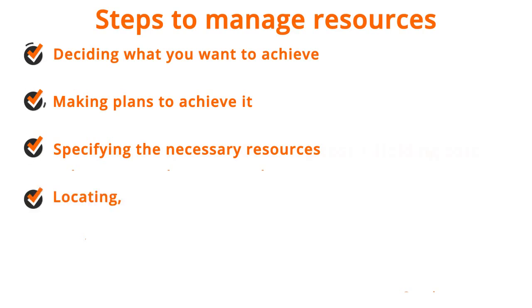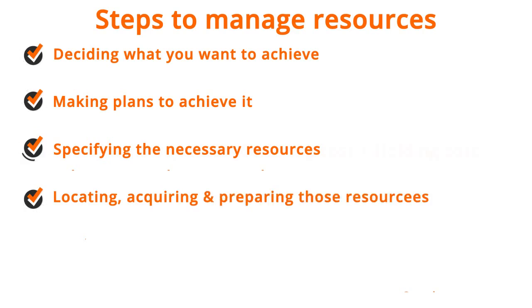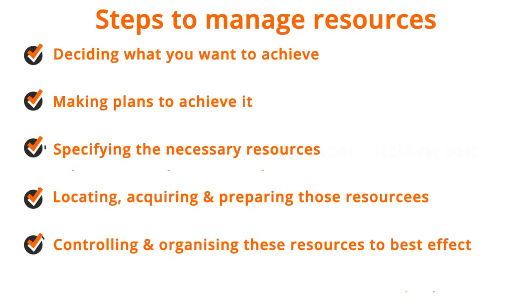The fourth, locating, acquiring, and preparing those resources. This could be where the SME can find, acquire, and turn these resources to finished products. And finally, controlling and organizing these resources to best effect.